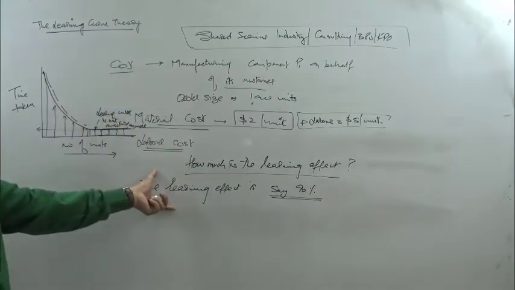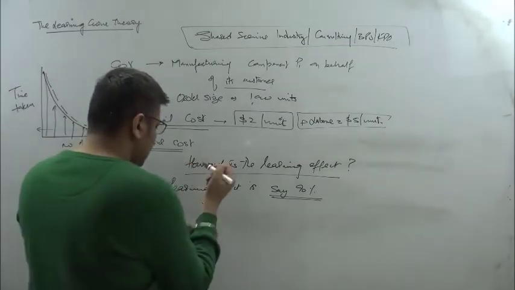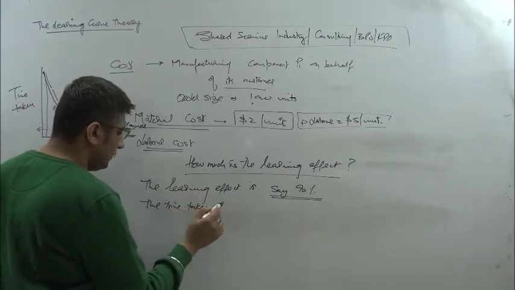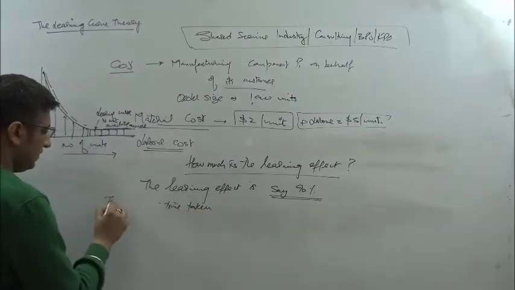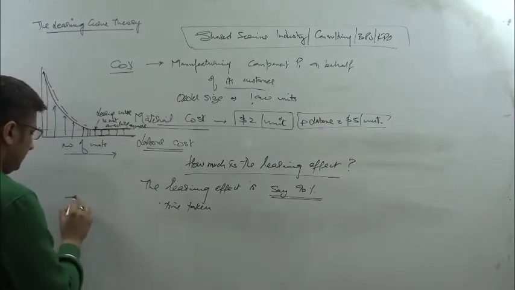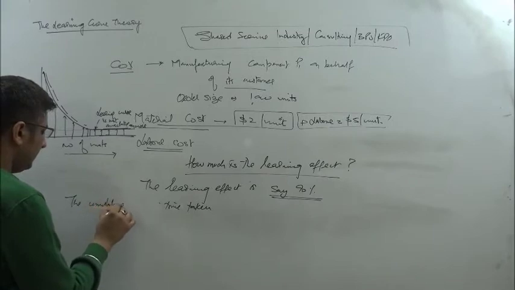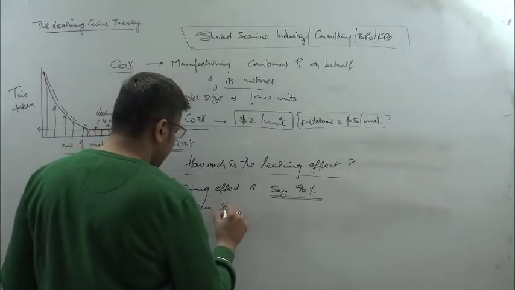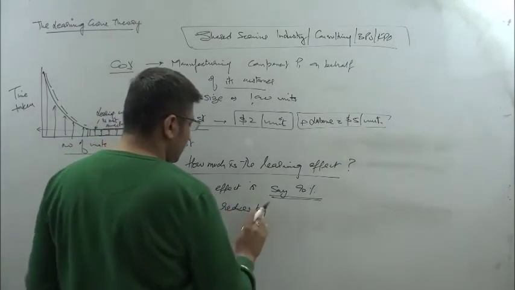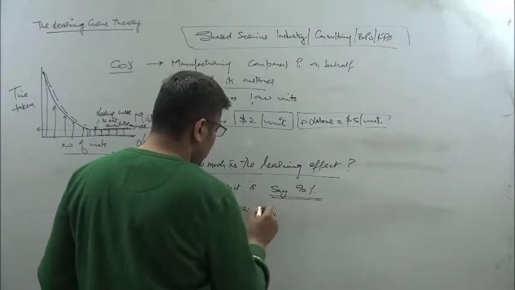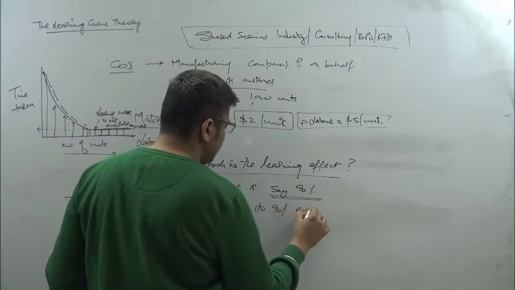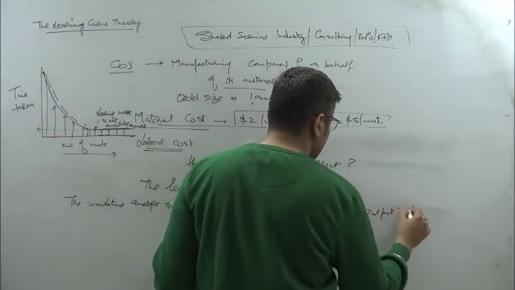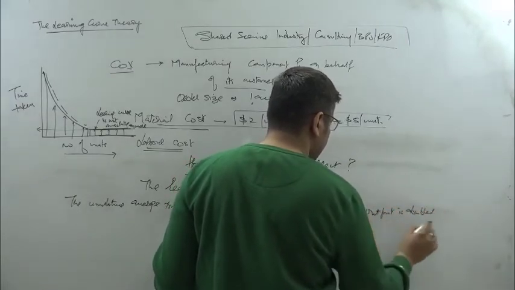Okay, what does it imply? It implies that the time taken, or let's say the cumulative average time taken, reduces to 90% every time the output is doubled.